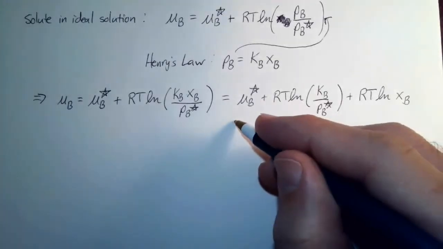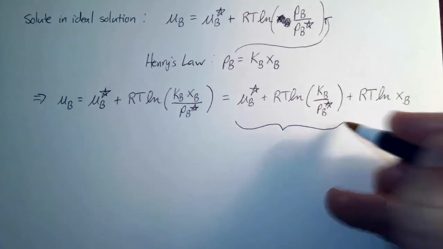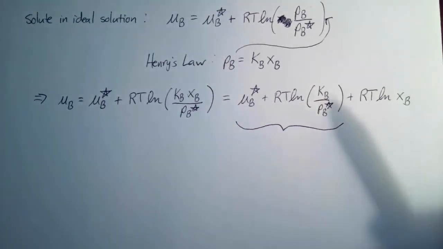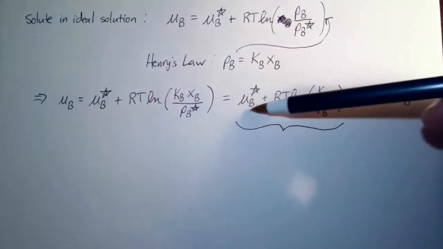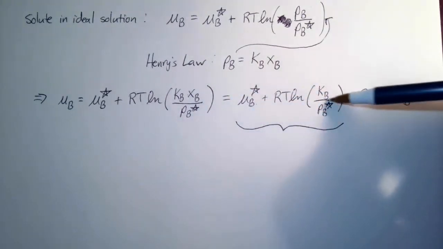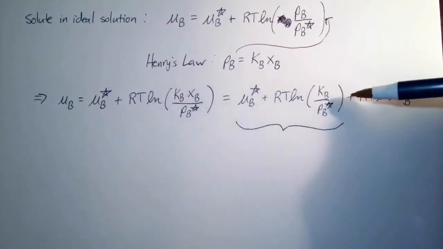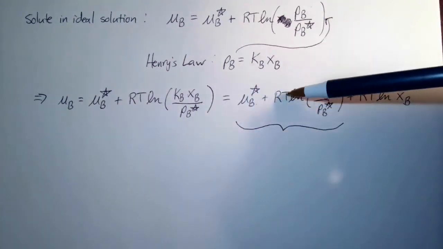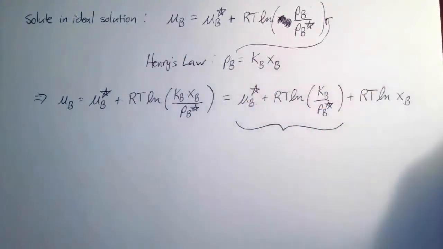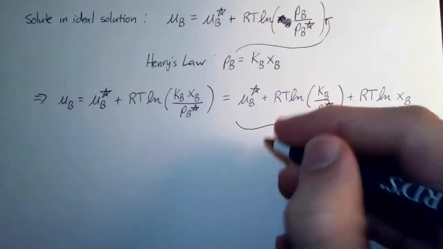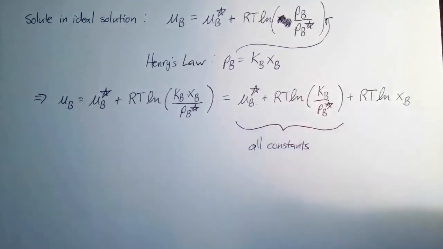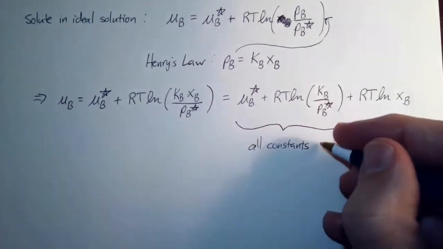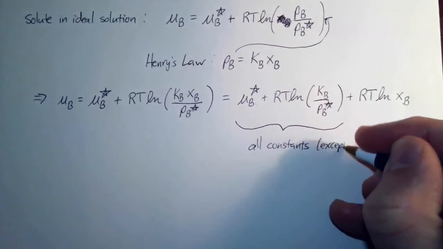Okay, and everything in these two terms is a property of the solute. This is always the same value. This and this are always the same values for the solvent or for the solute. So other than this temperature here, all of these things are basically constants. Okay, so these are all empirical constants, except T, still a variable.